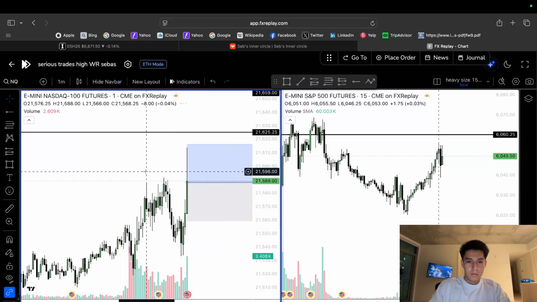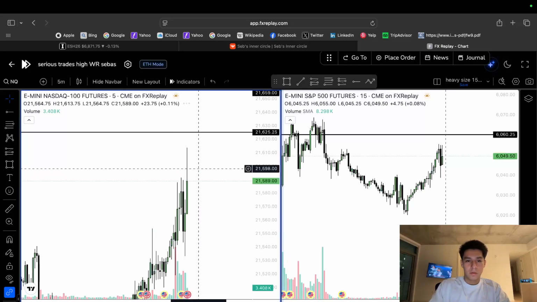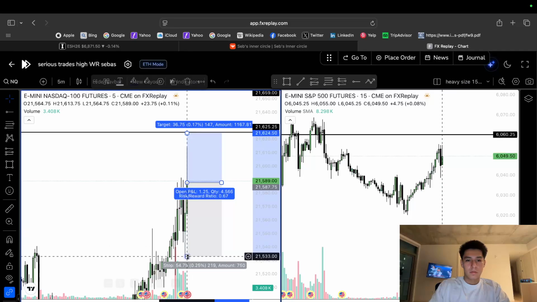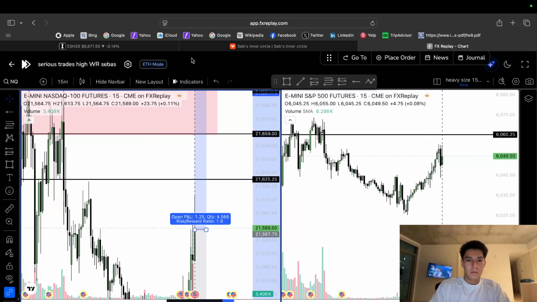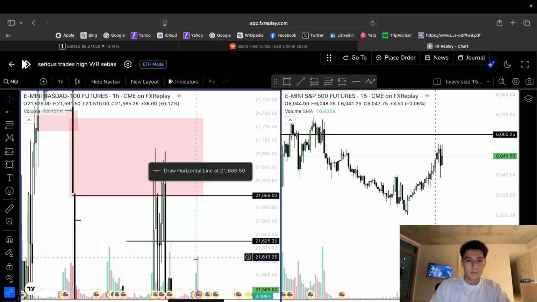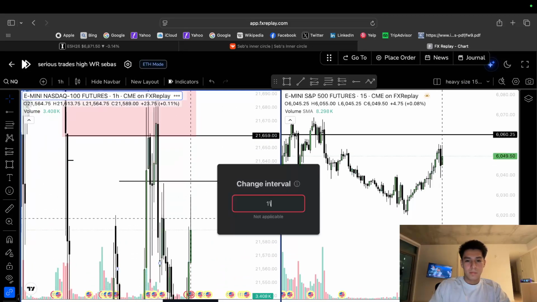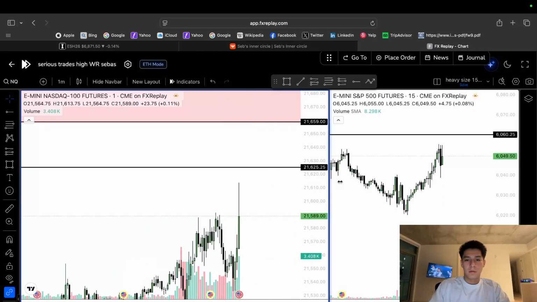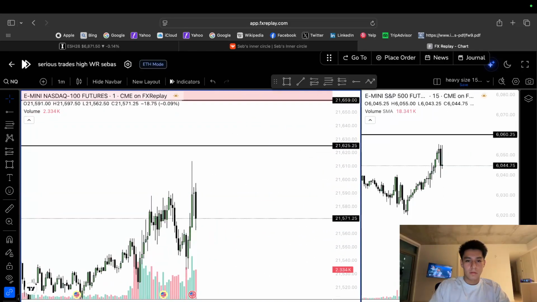The wick's not ideal for me, honestly. But I would take something like this with a pretty big stop loss towards our highs. It's the same type of move up, but honestly, I'm trying to go for the highest win rate on this back testing, so I won't take that.